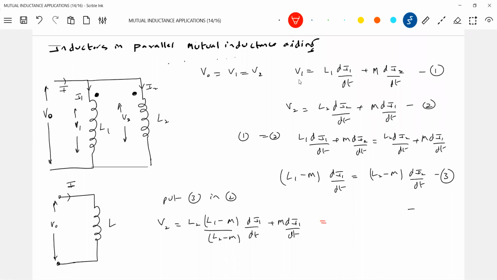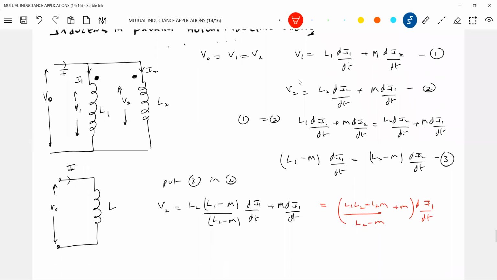So this, after simplification, this will be L1 L2 minus L2 M, L2 minus M plus M di1 by dt. So further simplification of this, V2 is equal to L1 L2 minus L2 M will get cancelled.